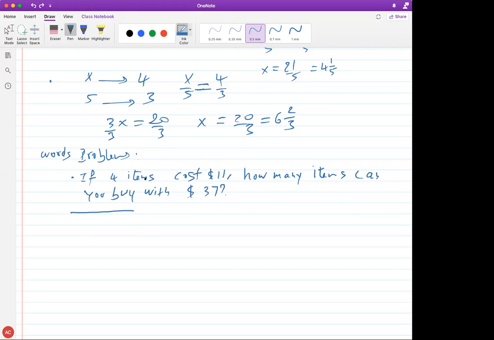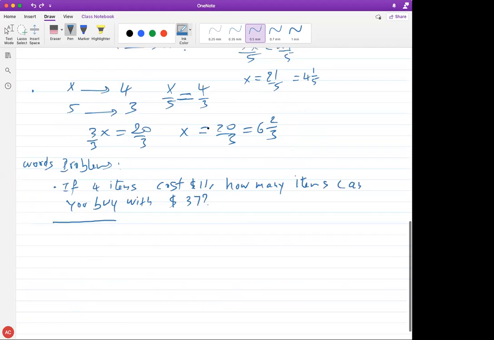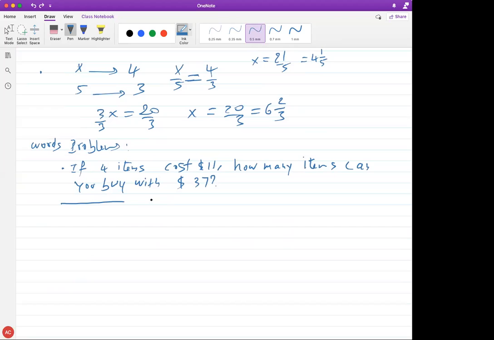So you can do a little math and figure out how many you'll be able to buy. So first thing you want to do is turn the problem into something like this. Once you have these two ratios, you're almost done. Just need to cross multiply and solve. And we get those from the problem based on what we have.